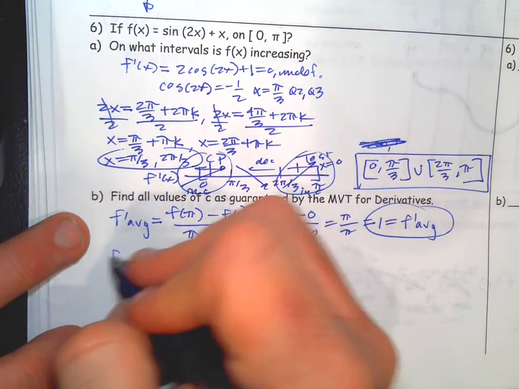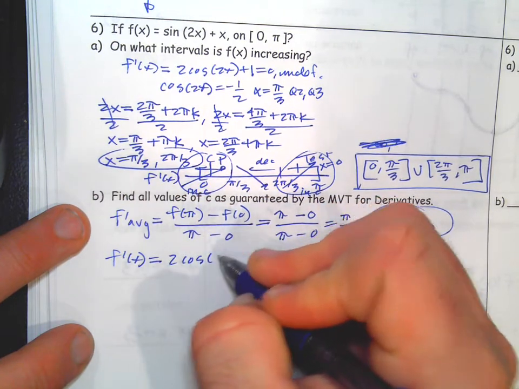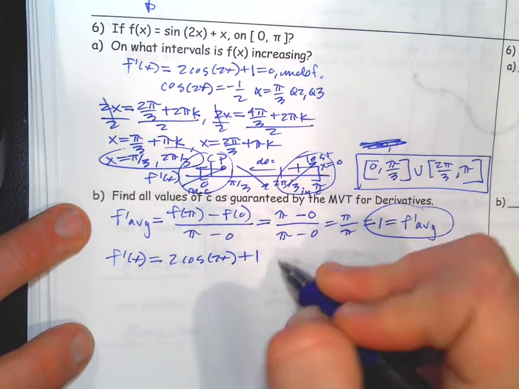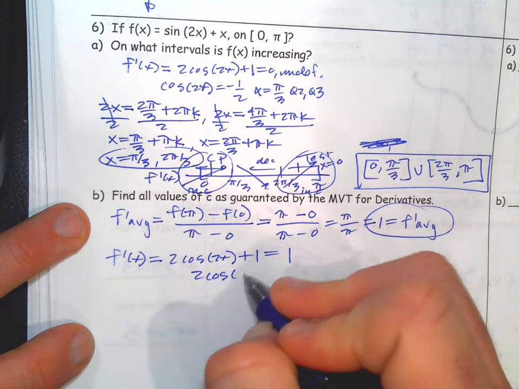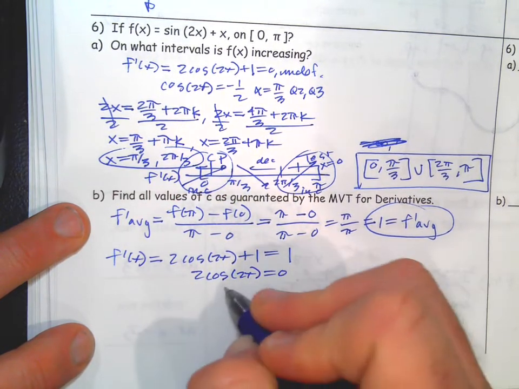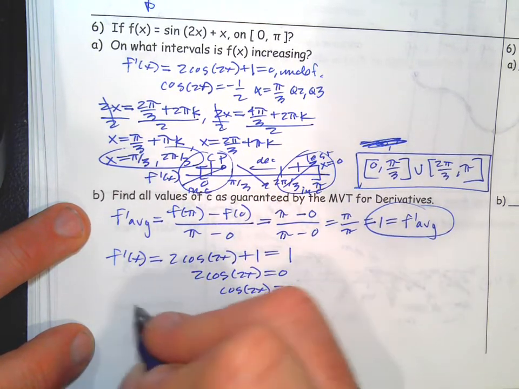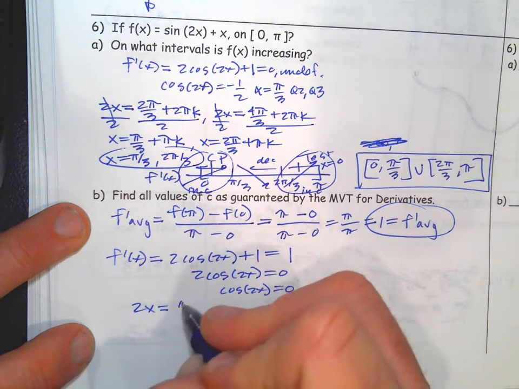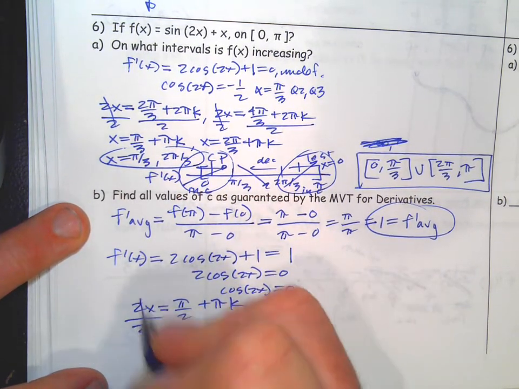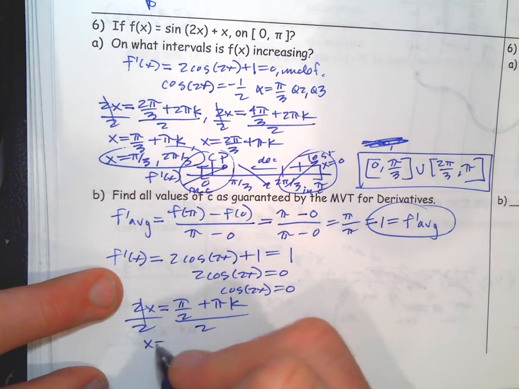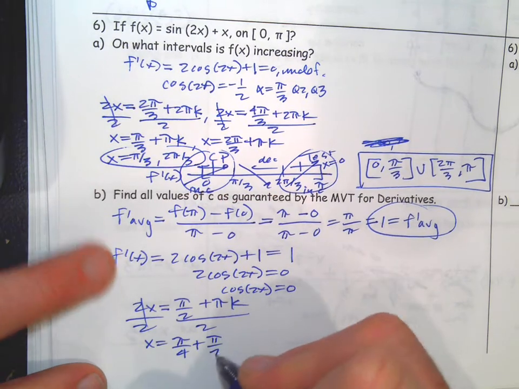So then we need to find the derivative just using our rules. It's going to be 2 cosine 2x plus 1, and we need to set it equal to 1. So that's going to be 2 cosine 2x equals 0, cosine 2x equals 0. 2x equals pi over 2 plus pi k, half the period, divide by 2, x equals pi over 4 plus pi over 2 k.